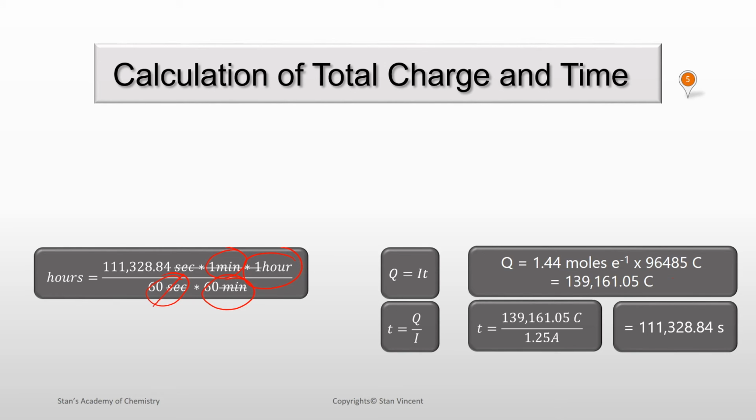Common terms cancel: seconds and seconds, minutes and minutes. What remains would be hours. Therefore, our calculation is right, and the final answer is 30.92 hours taken for completely depositing 25 grams of chromium.